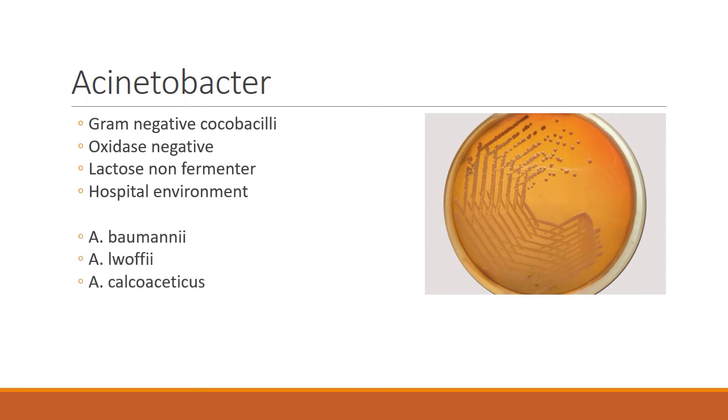There are three important species. The first one is Acinetobacter baumannii, then the second one is Acinetobacter lwoffii, and the third one is Acinetobacter calcoaceticus. Among these, Acinetobacter baumannii is very important because it can cause hospital acquired infection, while Acinetobacter lwoffii can cause community acquired infections.